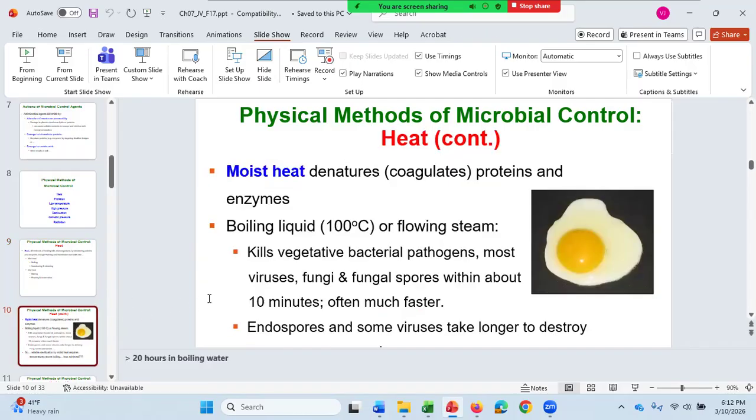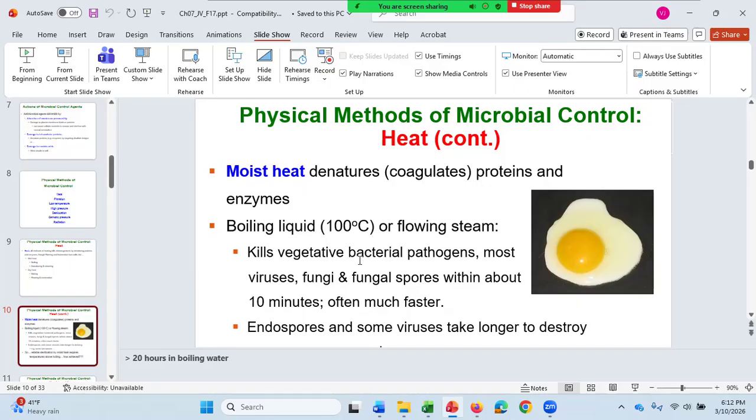All right. Moist heat denatures and coagulates proteins and enzymes. Boiling a liquid at 100 degrees Celsius or flowing steam tends to kill vegetative bacterial pathogens, most viruses, fungi, and fungal spores within about 10 minutes, often much less. Like E. coli, you don't need to have it in 100 degrees Celsius for a minute.